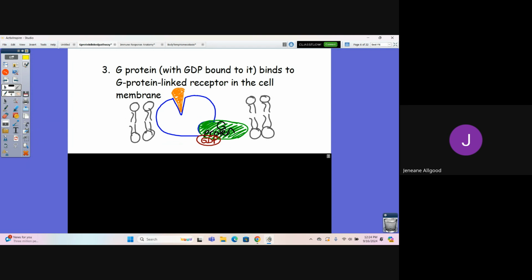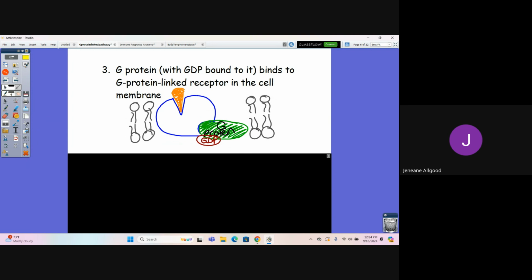Because when G protein has GDP bound to it, is it active or inactive? It's inactive, but it wants to be active because it wants to do its job. Well, the only way it can get activated is when it's bound to this G protein linked receptor.